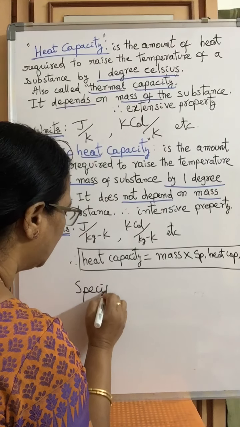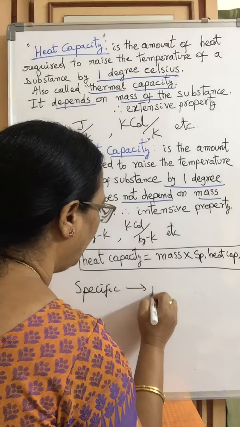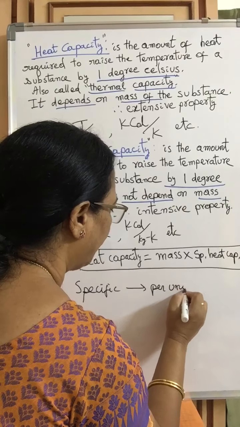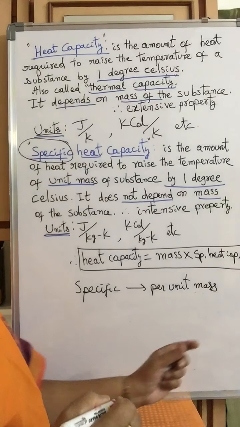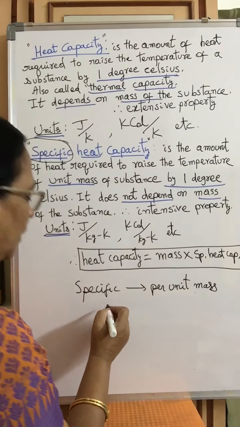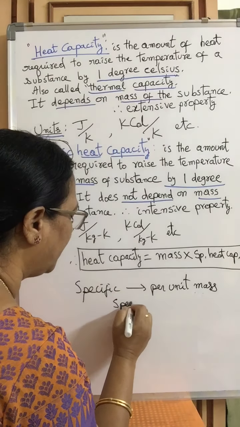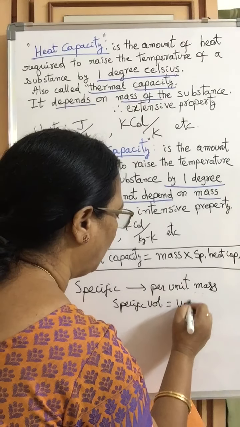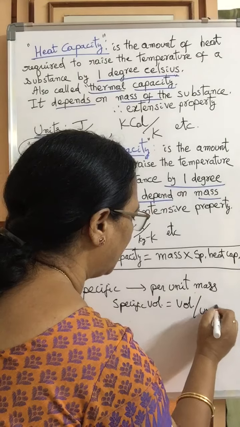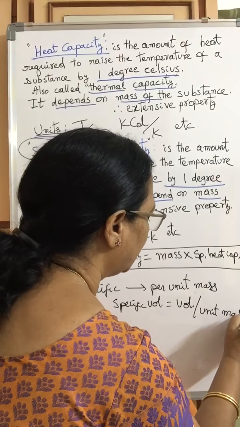As you know, the term specific we use for per unit mass. See, you know the term specific volume. Specific volume is equal to volume per unit mass. You know this term, isn't it?